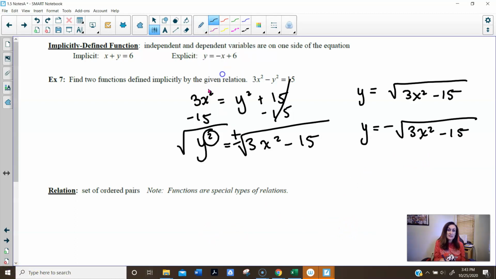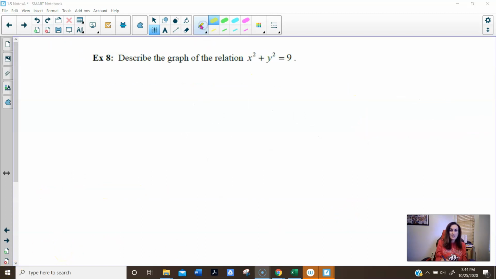While a relation is simply a set of ordered pairs, a function is a special type of relation. So while the circle is not a function, I was able to break it apart into two functions. Implicitly defined function. Looking at example 8, x squared plus y squared equals 9 is a circle.